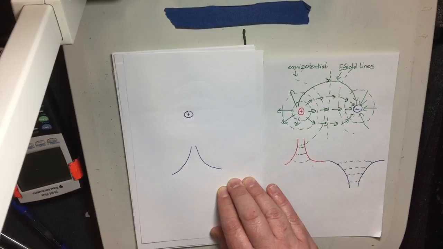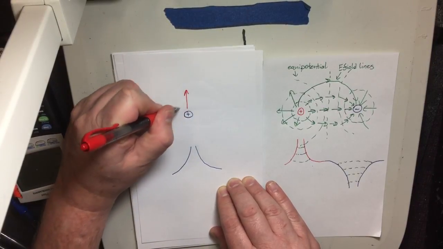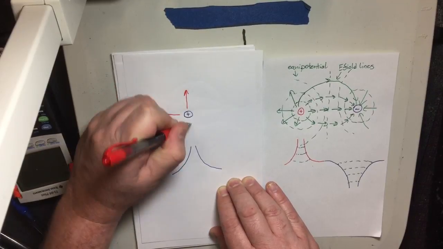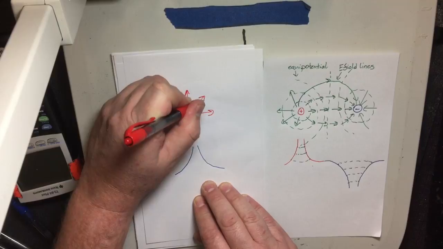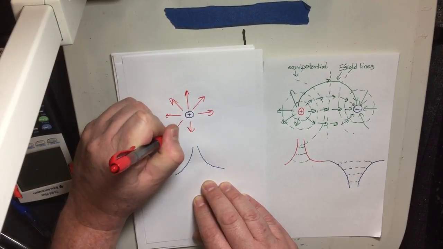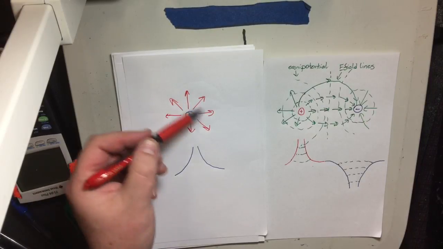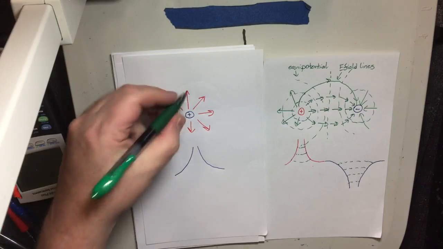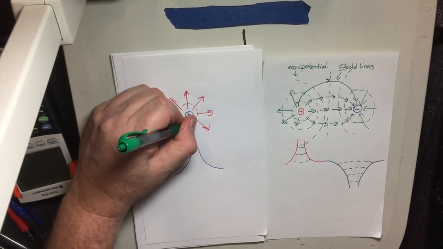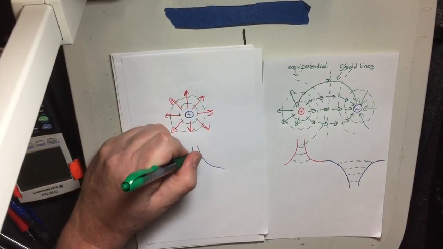The E field lines radiate outward nicely rather than doing this bowing stuff over here. So really, these are the slopes for the top of a hill. Everything goes downhill in a particular direction depending on what side of the mountain you're on. And then these are the equipotential lines, the lines of the same altitude.